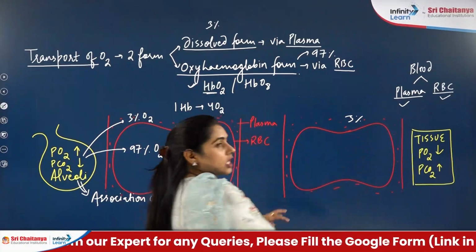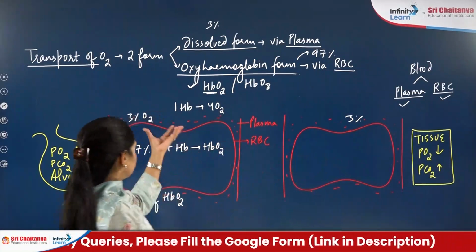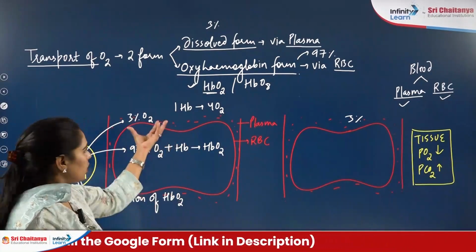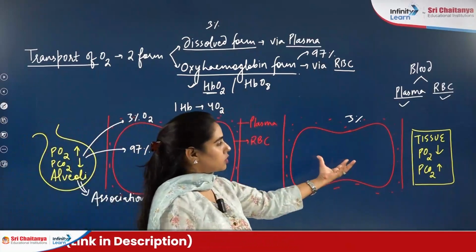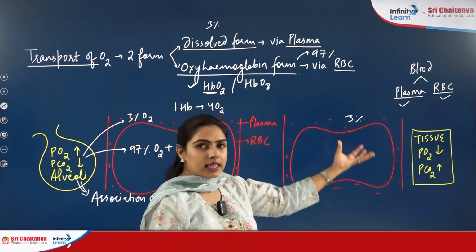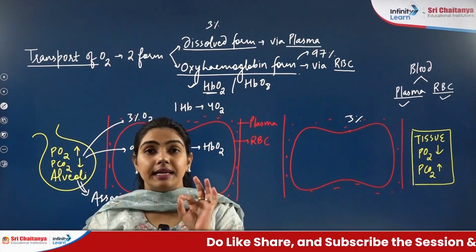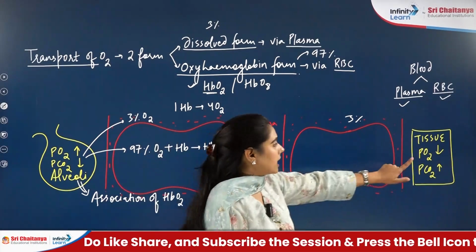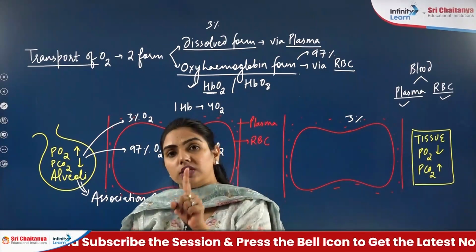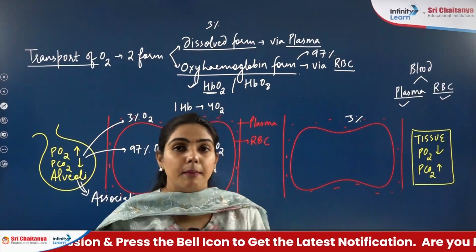This is oxygenated blood, because it has oxygen right now. In the oxygenated blood, the partial pressure of oxygen is more, 95 mmHg. And in the tissues, the partial pressure of oxygen is less, that is 40 mmHg.